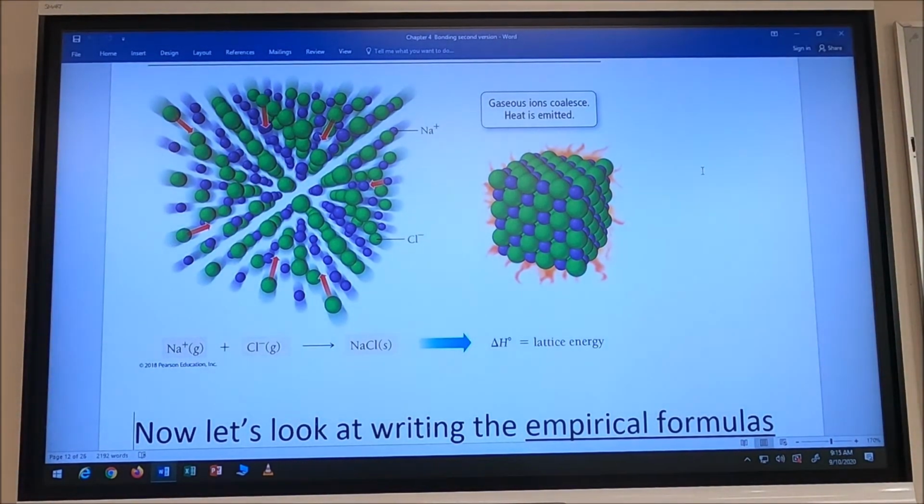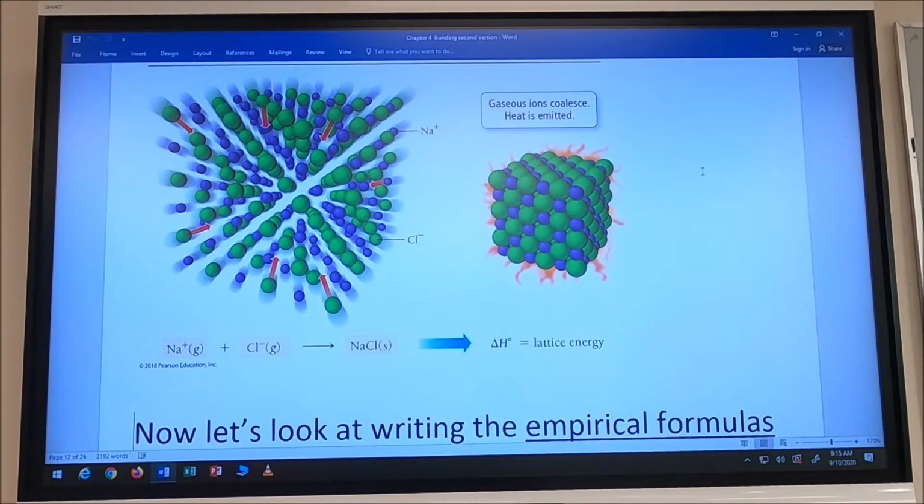Hello everybody, we're back to chapter 4. Just to remind you where we are: we have been looking at the formation of compounds, and we've been talking about ionic compounds. Remember, we're dealing with ionic compounds, covalent compounds, and alloys.